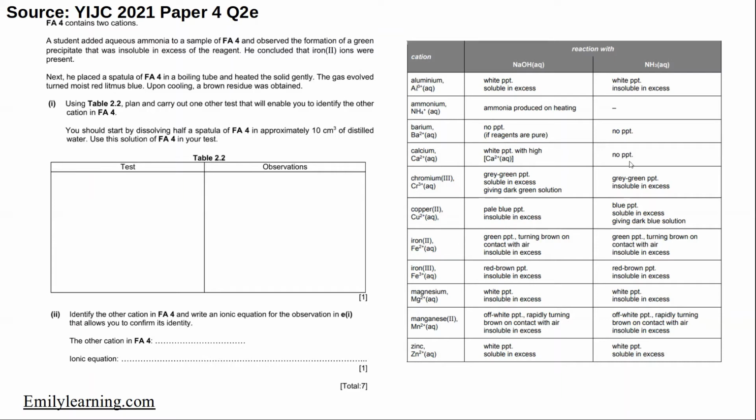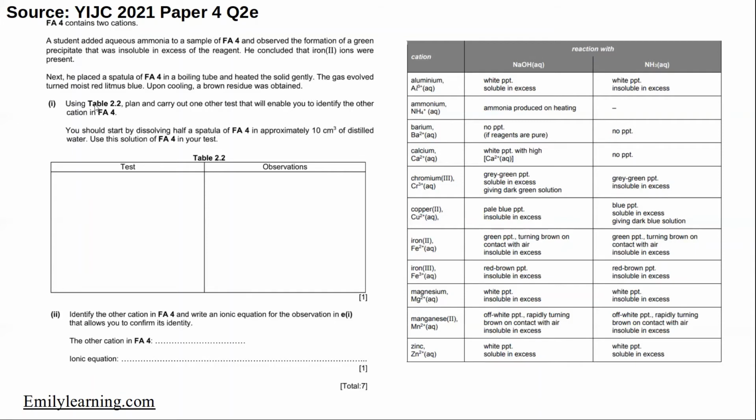Inside your QA notes they also tell us that the green precipitate will turn brown on contact with air. So the iron 2 present in FA4 will turn into iron 3 due to oxidation with air. From all these notes, we can conclude that probably there are these 2 cations present: one is iron 2 and the other one is ammonium.